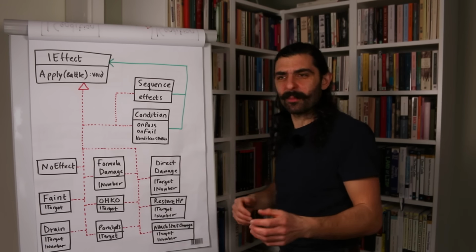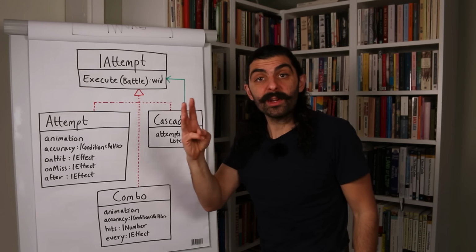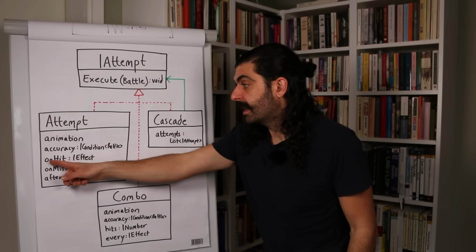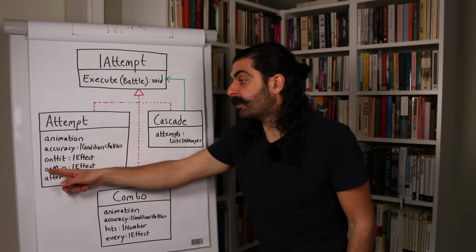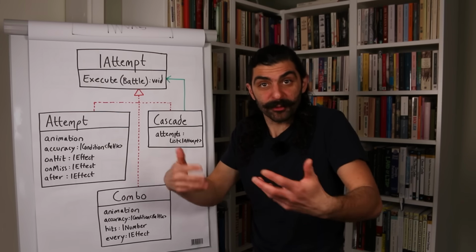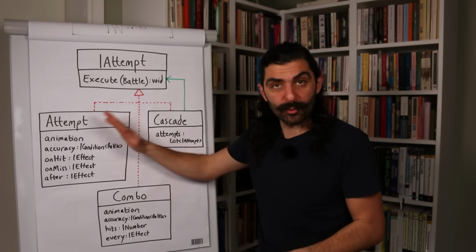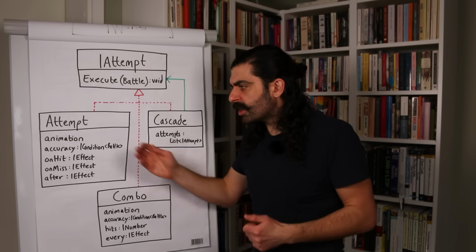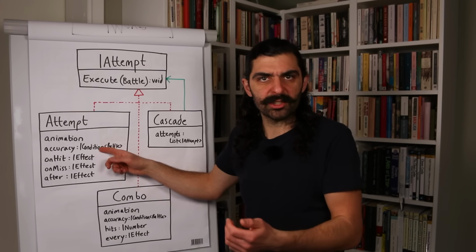Let's look at one such example. Let's go back to the attempts. The attempt type has 3 effect fields. One that is run if the attempt hits, one which is run if the attempt misses, and one which is run in the end, afterwards, irrespective of whether the attempt was a hit or a miss. When the attempt runs, it picks which effect to apply based on the accuracy, which is a condition.